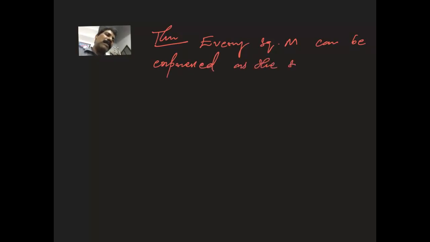That is, every square matrix can be expressed as the sum of a symmetric matrix and a skew symmetric matrix.